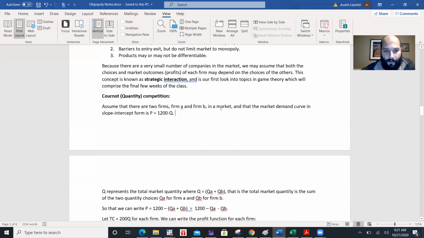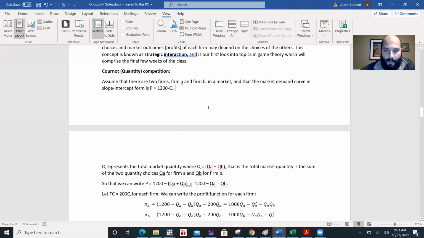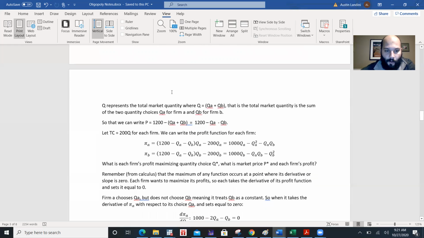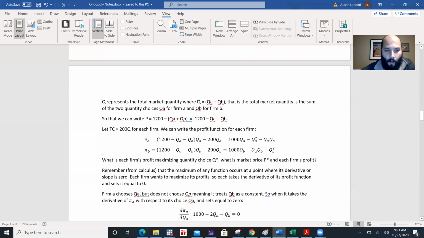Two firms, firm A and firm B, are in a market. Market demand is P equals 1200 minus Q in slope-intercept form. Market quantity is QA plus QB, where QA is firm A's quantity choice and QB is firm B's quantity choice.